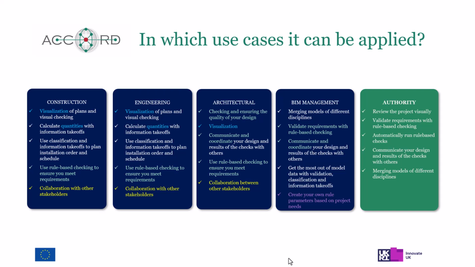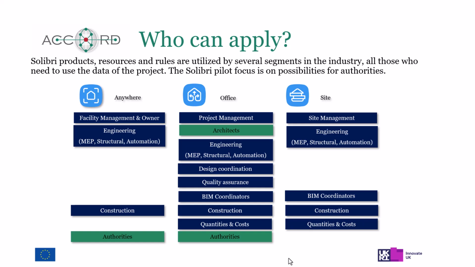Now, a new user group is authorities, reviewing the project visually, validating the requirements, and communicating the findings with the other participants of the project.